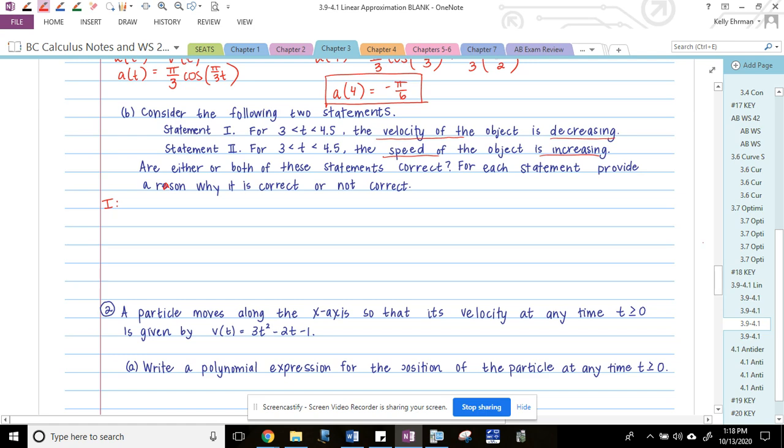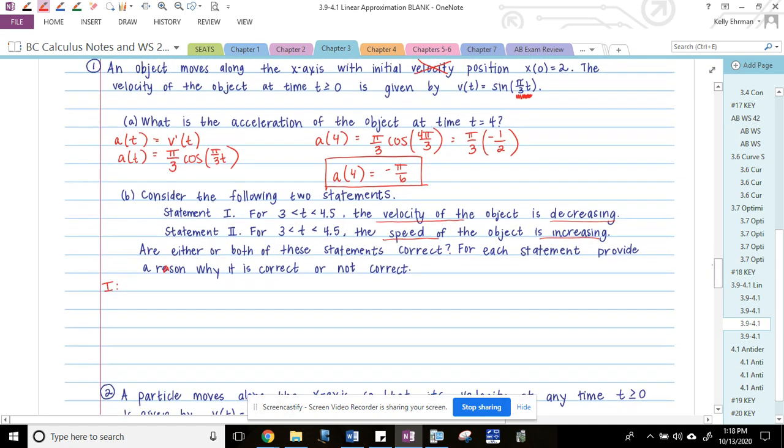So is velocity decreasing? Well, we evaluated the acceleration at 4, the derivative of the velocity at 4, which is somewhere within this interval. So I can say A of 4 is negative, less than 0.